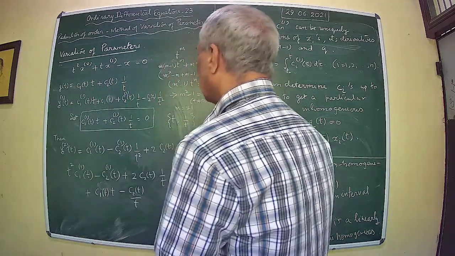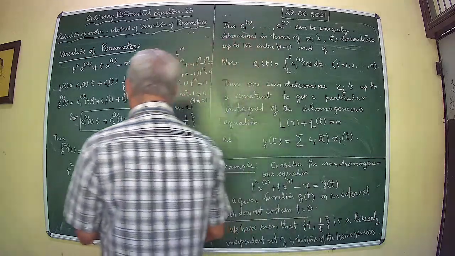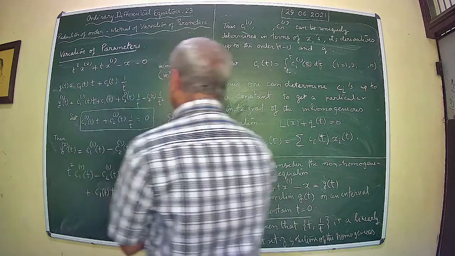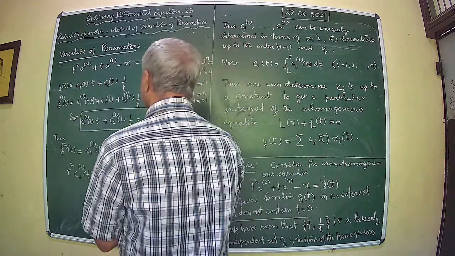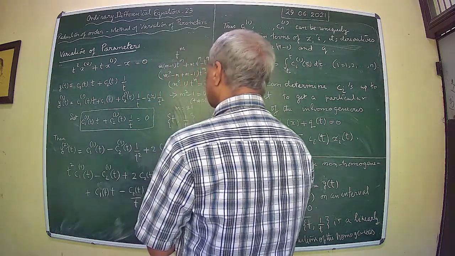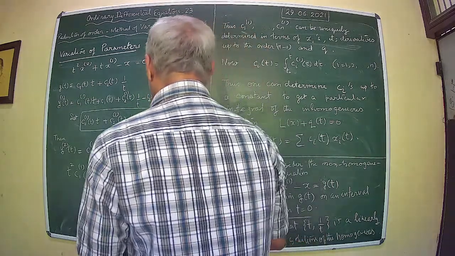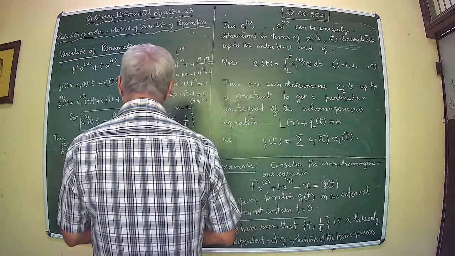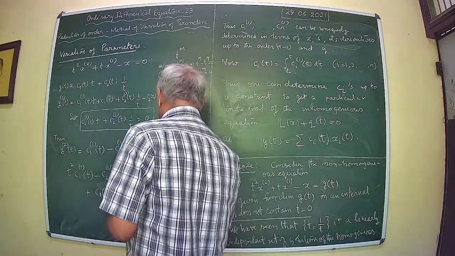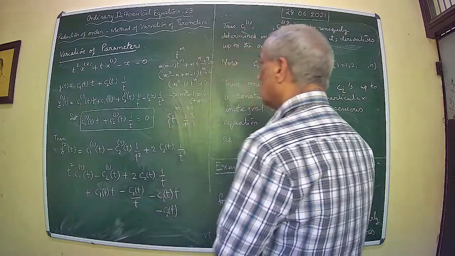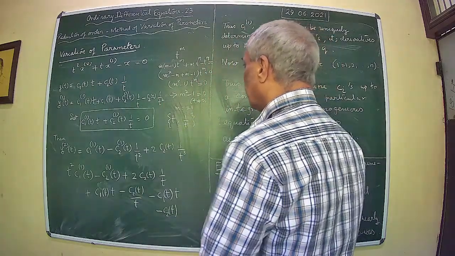Then the last term is minus c1 t minus c2 t into 1 by t.